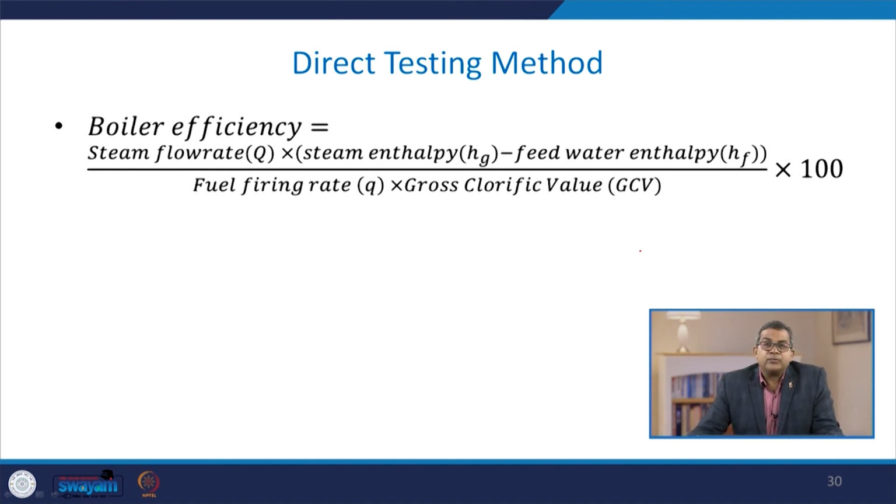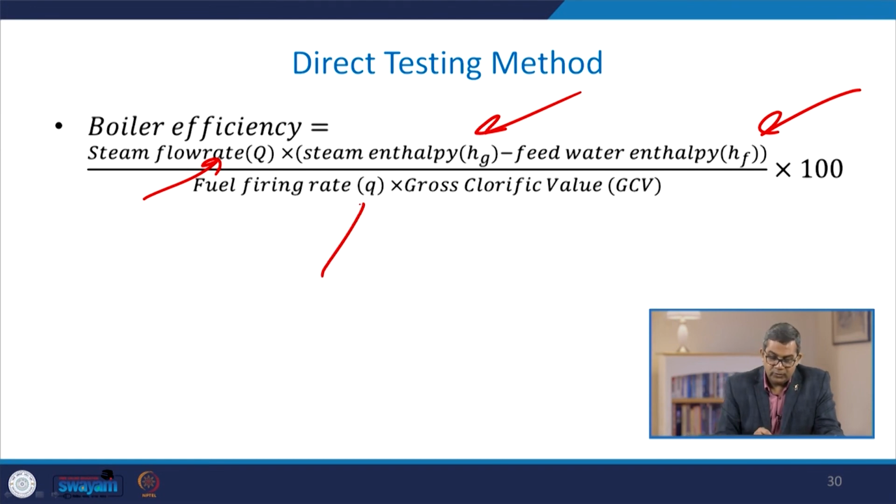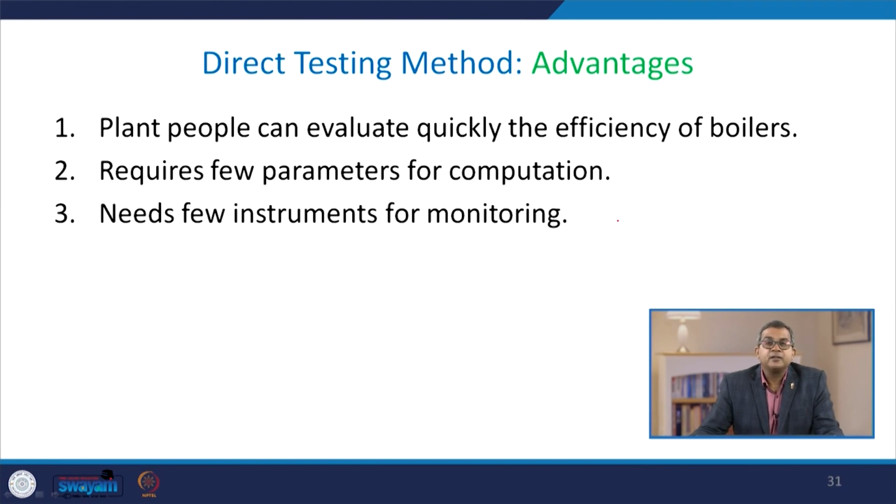Under the direct testing method, it is the steam flow rate Q, steam enthalpy Hg, and feed water enthalpy Hf, that is the fluid enthalpy, over fuel firing rate Q and GCV, the gross calorific value, multiplied by 100.